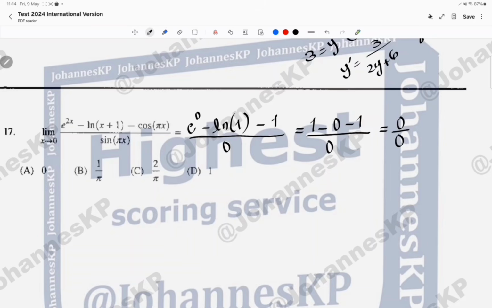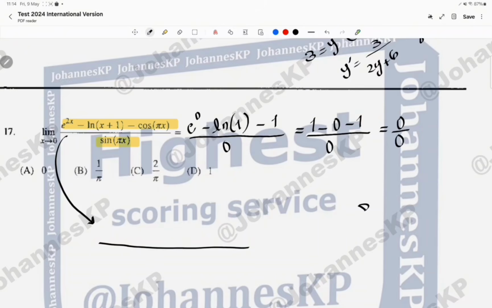Which now lets us do something called L'Hopital's rule. So what does L'Hopital's rule mean? We differentiate the top and the bottom separately from each other. Okay, let's start. So what's the derivative of e to the power of 2x?